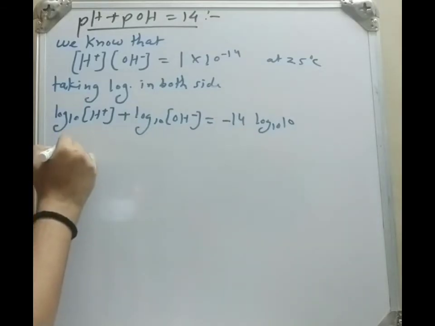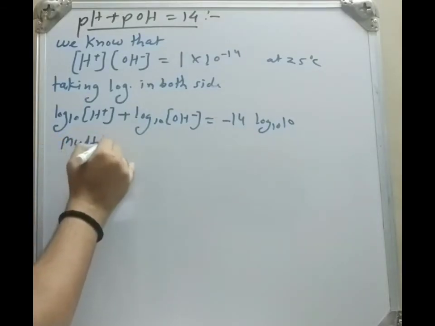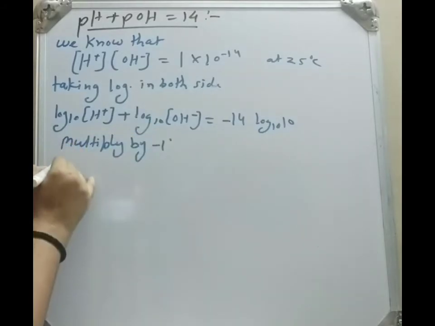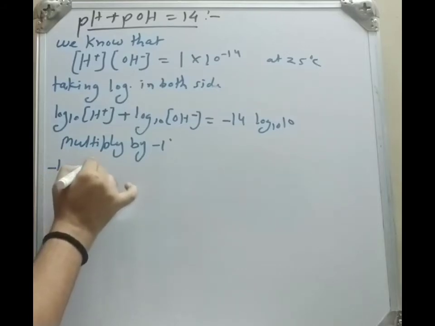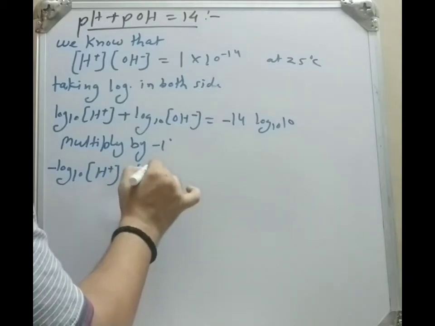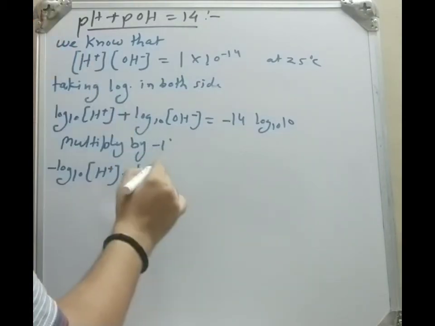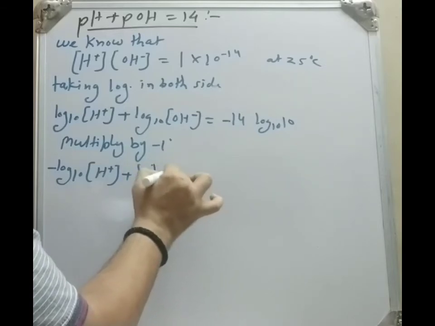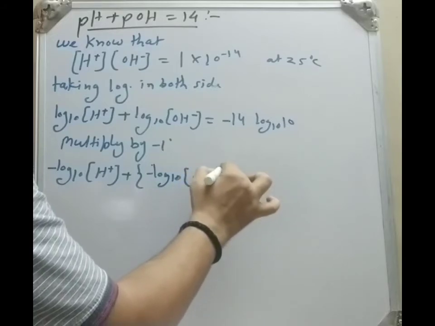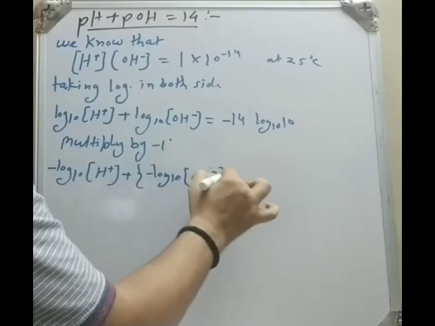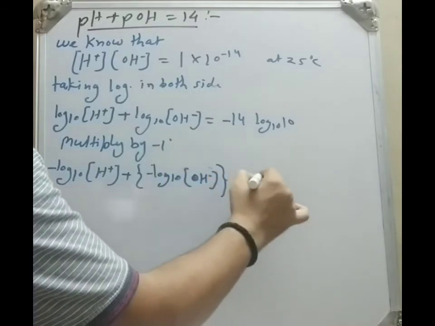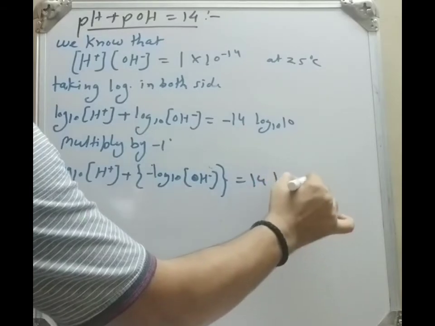Now multiply this equation by minus 1, then we get minus log to the base 10 H plus concentration, then in brackets we write minus log to the base 10 concentration of OH minus, equal to minus minus becomes plus, so it becomes 14 log to the base 10 10.